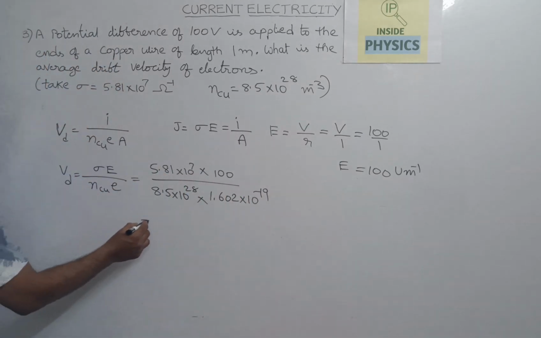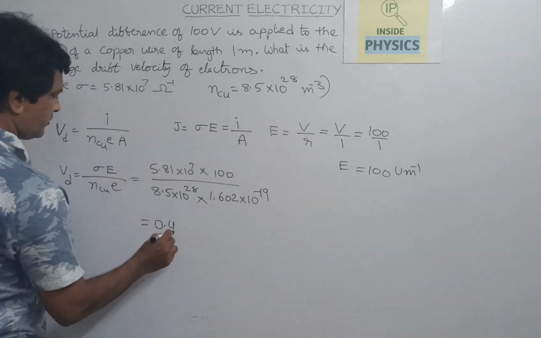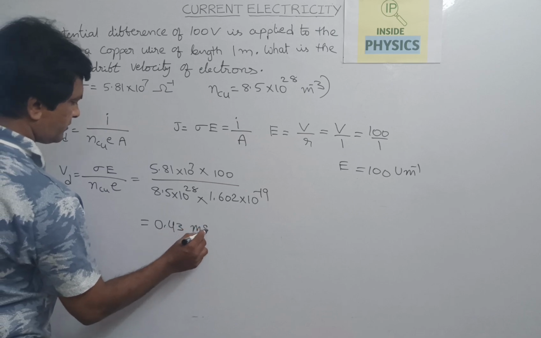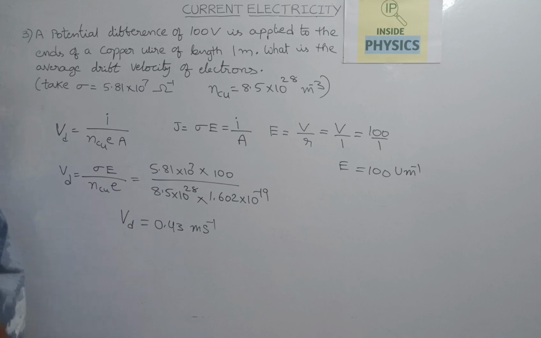So finally, if you calculate, you get the value as 0.43 meters per second. This is the drift velocity of electrons in a copper wire when there is a potential difference of 100 volts and the wire length is 1 meter.